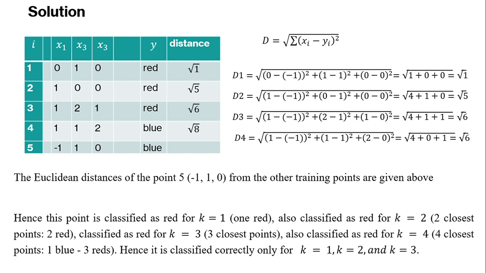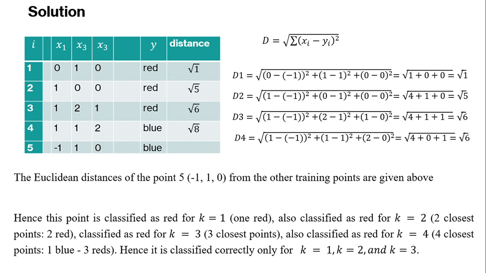For k equals 2, root 5 is also a minimum distance, so the 2 closest points are red, and it is classified as red. For k equals 3, the 3 closest points are red. Now for k equals 4, among the 4 closest points, one is blue and the others are red.